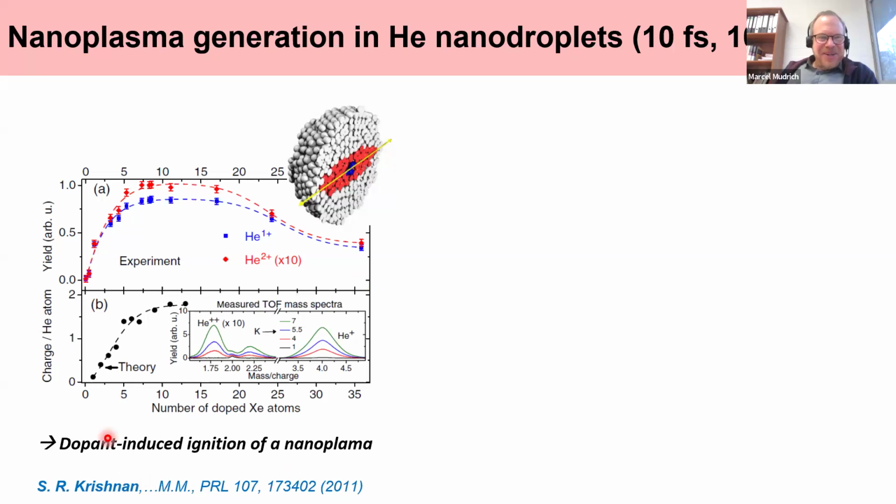We were able to show that the ignition of a nanoplasma in helium droplets is very much facilitated by adding, in blue here, a few foreign atoms. In this case, it was xenon atoms, which are much easier to ionize.